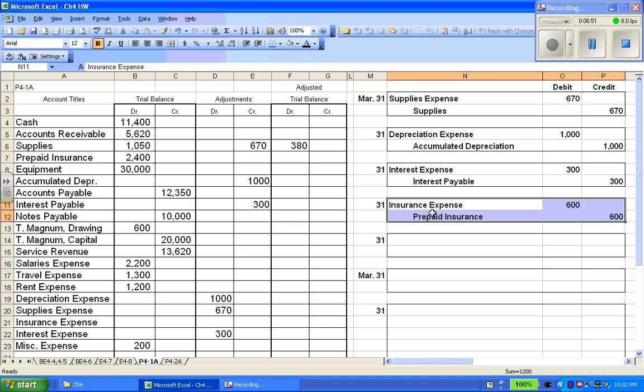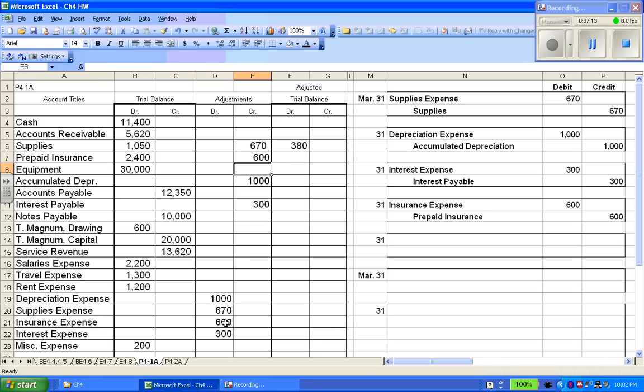I'll record that now in my worksheet. Insurance expense of $600. And prepaid insurance will be a credit of $600.